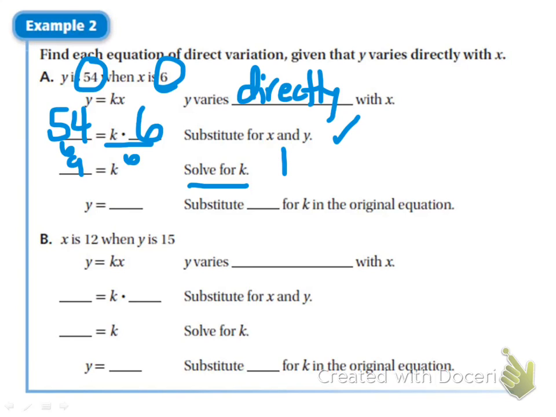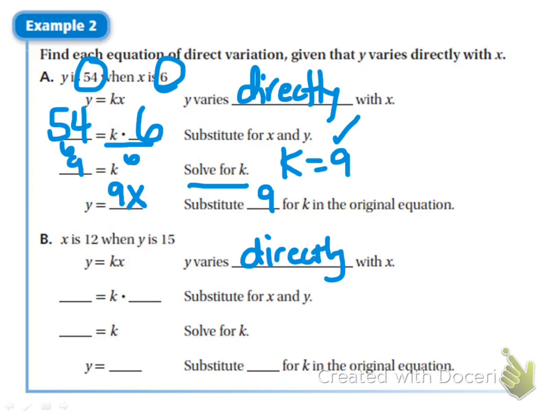So now, since I know k equals 9, I'm going to substitute in 9 for k in the original equation. So I'm going to rewrite my original equation to be y equals 9 times x. Letter B. X is 12 when y is 15. So y varies directly with x.